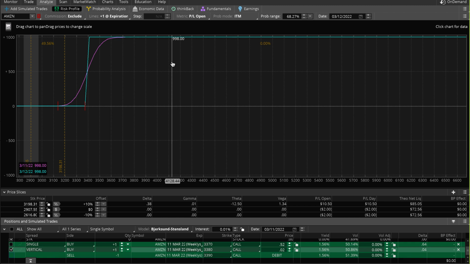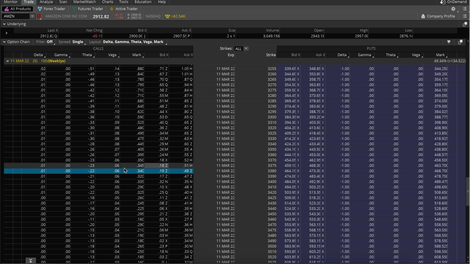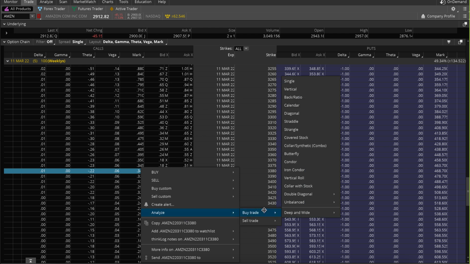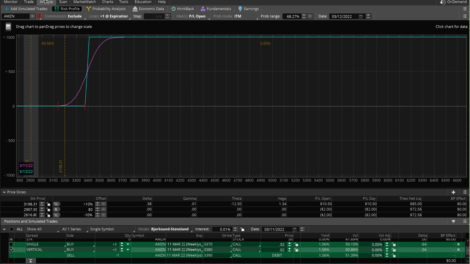My tool of choice is the Thinkorswim platform, of course, the Analyze tool, which you can use by double clicking whatever you're looking at in the options chain, going to Analyze, going to Buy Trade or Sell Trade, depending on what you're doing, picking whatever option combination you're looking for, single, vertical, etc. And then that just pops it into the risk profile tool.